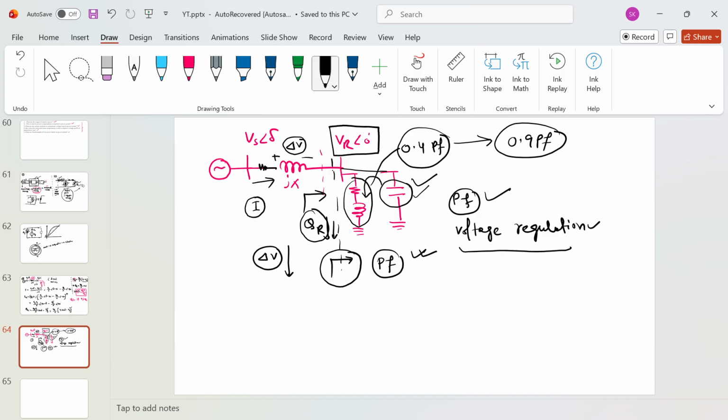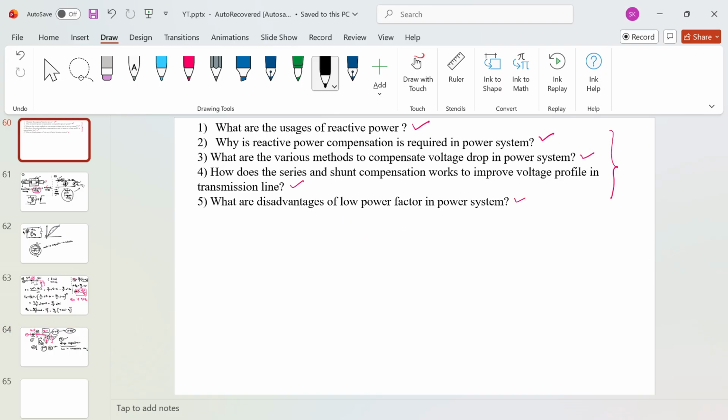This magnitude of current will be very high if there is no reactive power compensating device, and this current can lead to more losses in the transmission line. So it also reduces the losses in the transmission line. So these are the main points: improved power factor, improved voltage regulation, and reduced losses in the transmission line.